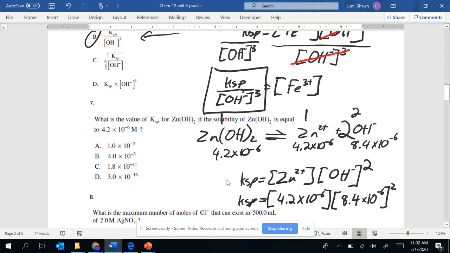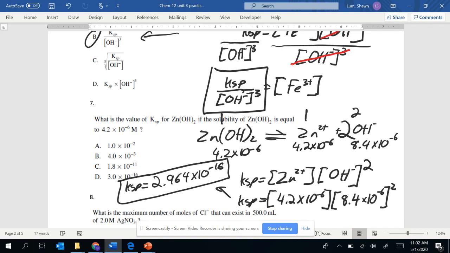I ran out of room here, so I'm just going to write my answer up here. So Ksp equals 2.964 times 10 to the minus 16. So that's my answer right here.